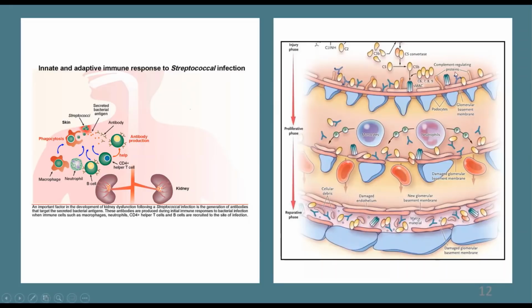Pag ma-activate ang ating complement class, it can cause cell lysis. Now, remember, the immune complex are deposited in the glomerular cells. And when the complement is activated, the glomerular cells may be damaged. Pwedeng magkaroon ng lysis of the glomerular cells.